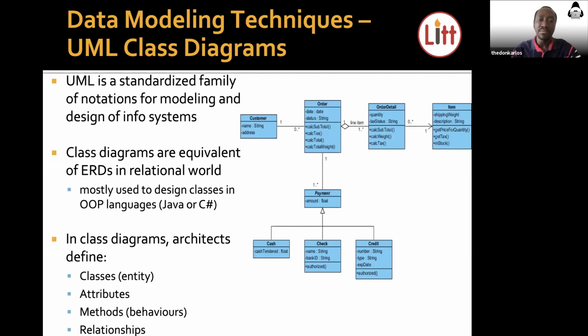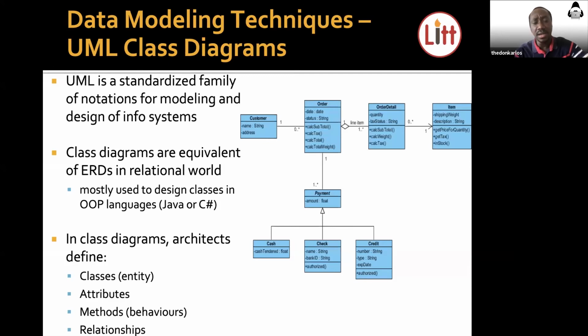It works the same way as the entity relationship diagrams, but this is mostly used in object-oriented programming, where maybe people are programming in Java or C# or that kind of thing. Most of the time, system developers use UML class diagrams to model the kind of systems that they are developing.